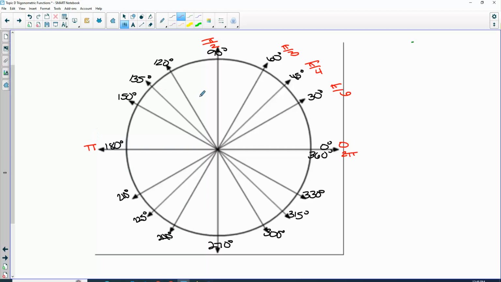And then what's the pattern in the second quadrant?